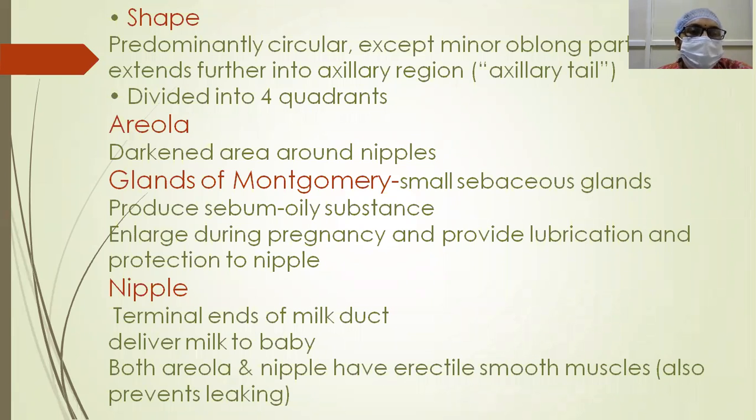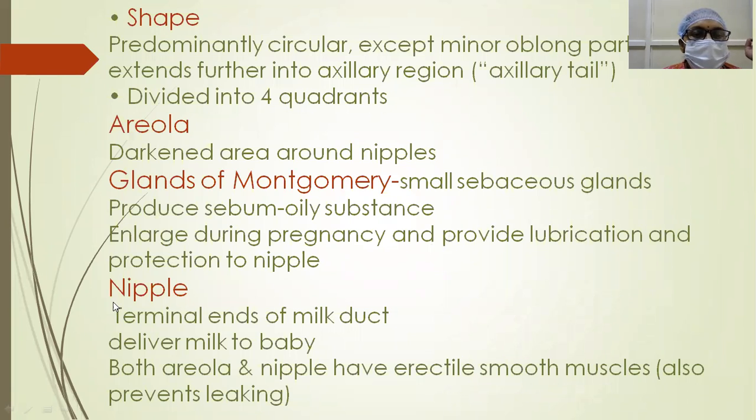Areola is a darkened area around the nipples. Glands of Montgomery. These are small sebaceous glands that produce sebum, oily substance. These enlarge during pregnancy and provide lubrication and protection to the nipple.